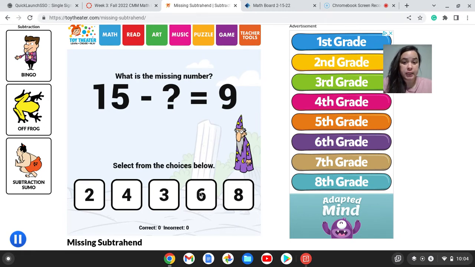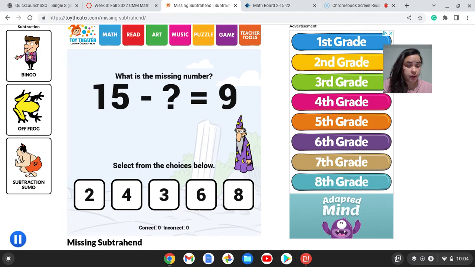Then they can plug in the number that we chose, which was 6, into the equation. And then we'll say it out loud, solve it together to see if that is the right answer. So say we chose 6, I would say, class, let's say this equation with 6 in it. We would say 15 minus 6 is equal to 9.